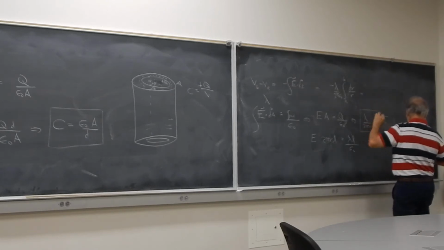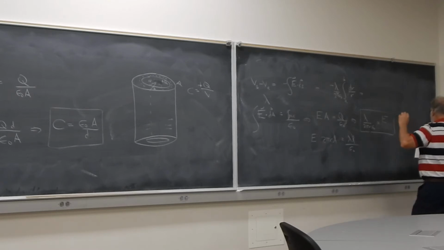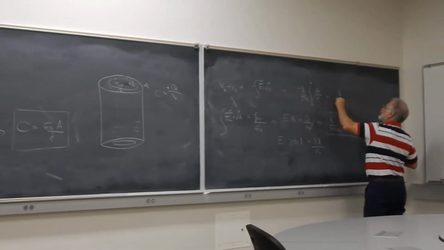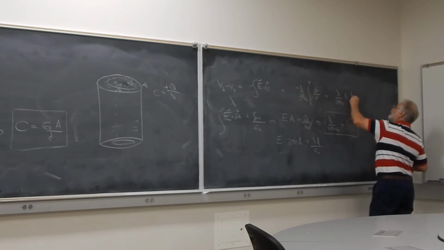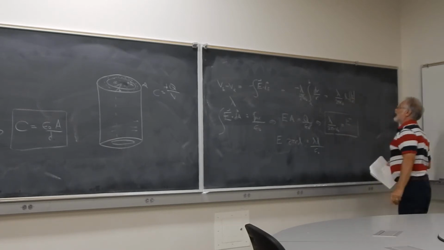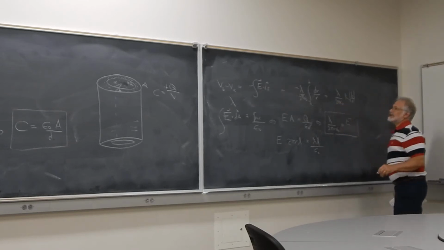And so when I do the integral, of course, I'm going to get the log of r. When I put my limits in, I'm going to get lambda over 2 pi epsilon naught log of B over A. I'm going to take the positive, the magnitude of this potential.